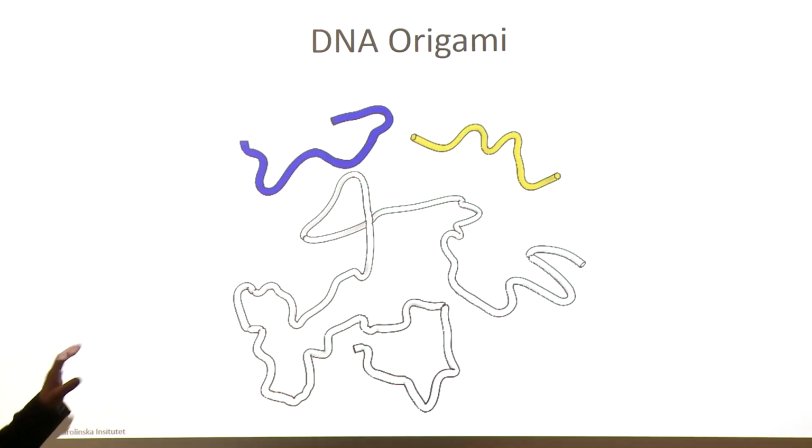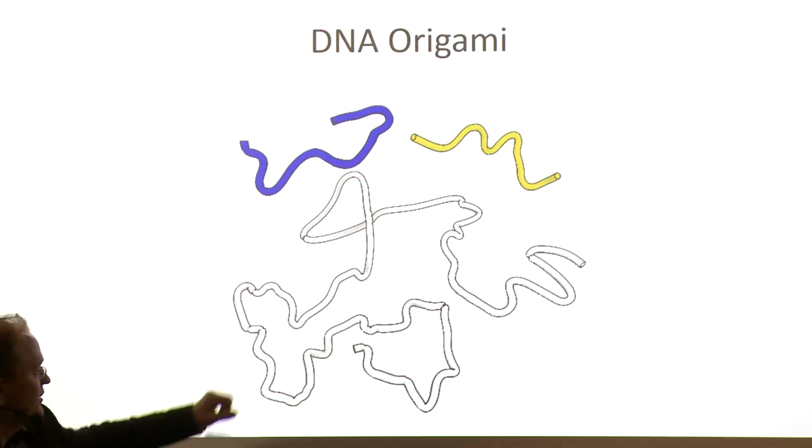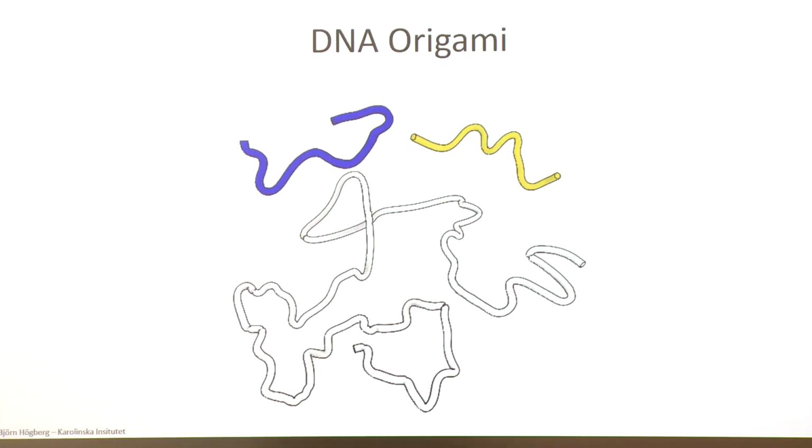So these are synthetic DNA, and the white thing here is actually something we take from nature, because we usually need a very long string of DNA, and that's very hard to produce chemically. So the long thing here, or the short ones, let's start with those. We call those staples. And as I said, they are synthetic DNA pieces that we just order. So you basically write the sequence in an Excel file and send it to the company that gives us the DNA back in small test tubes.